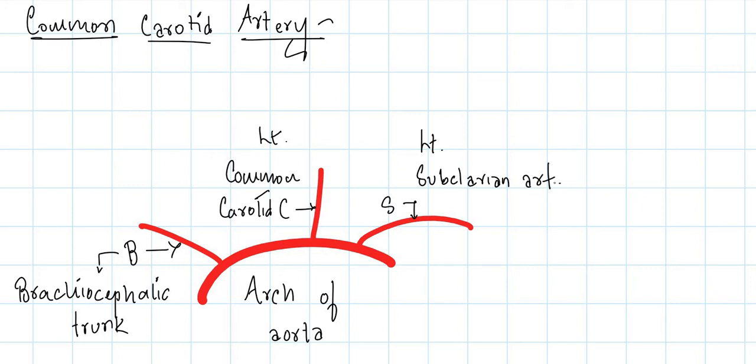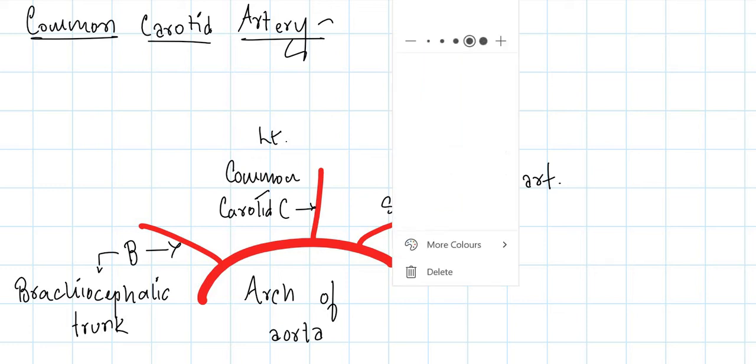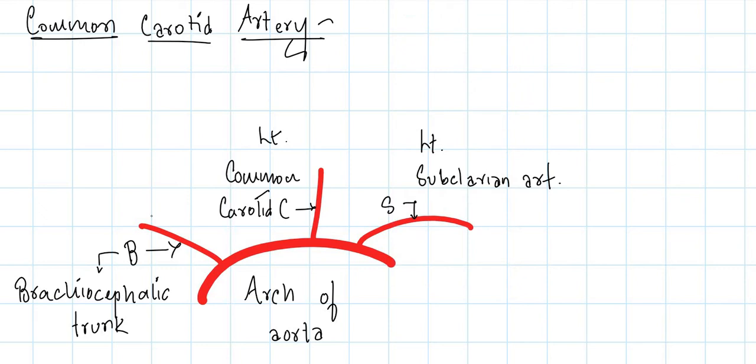Now the question that might arise is, if there's a left side common carotid, obviously there should be a right side common carotid. So from where is the right side common carotid coming? It's very simple actually. The brachiocephalic trunk, which is present on the right, gives rise to two arteries. So this is the right side.